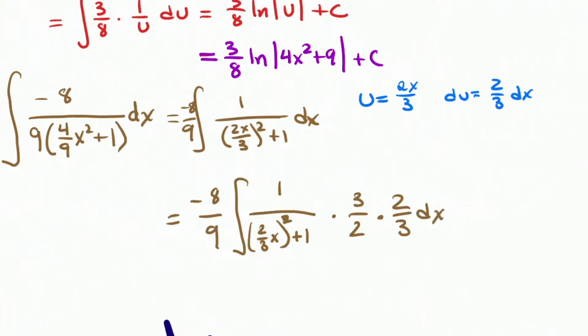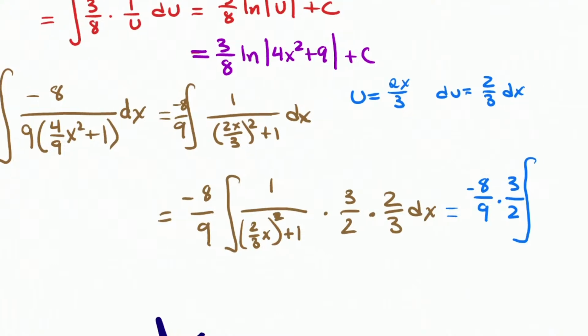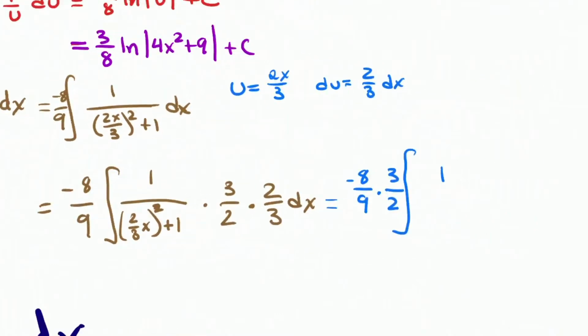That way I'll get my 2/3 dx, and I'll be able to do the substitution at this point. So 8/9, I'm going to put that 3/2 out front. And then this will be 1 over u squared plus 1 times du. So this stuff became du. And then the 3/2 went out front with the 8/9, and I'll cancel that in just a minute.